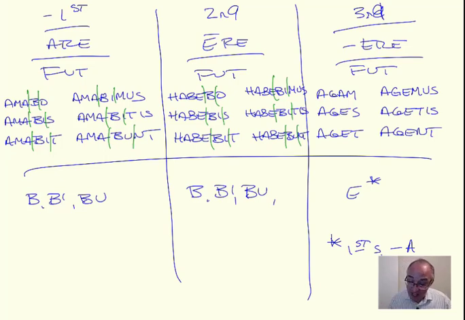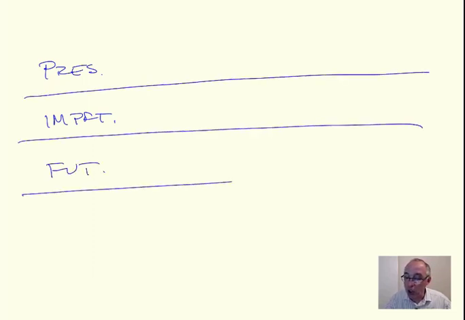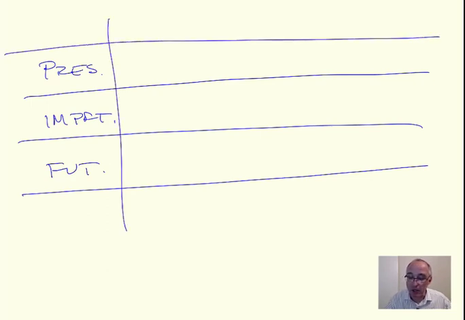So let me do this one more time. Let me recap our tenses: the present, imperfect, and the future tense. I encourage you to make up some chart like this. The present tense of a first conjugation verb, ARE. Second conjugation verb, ERE.